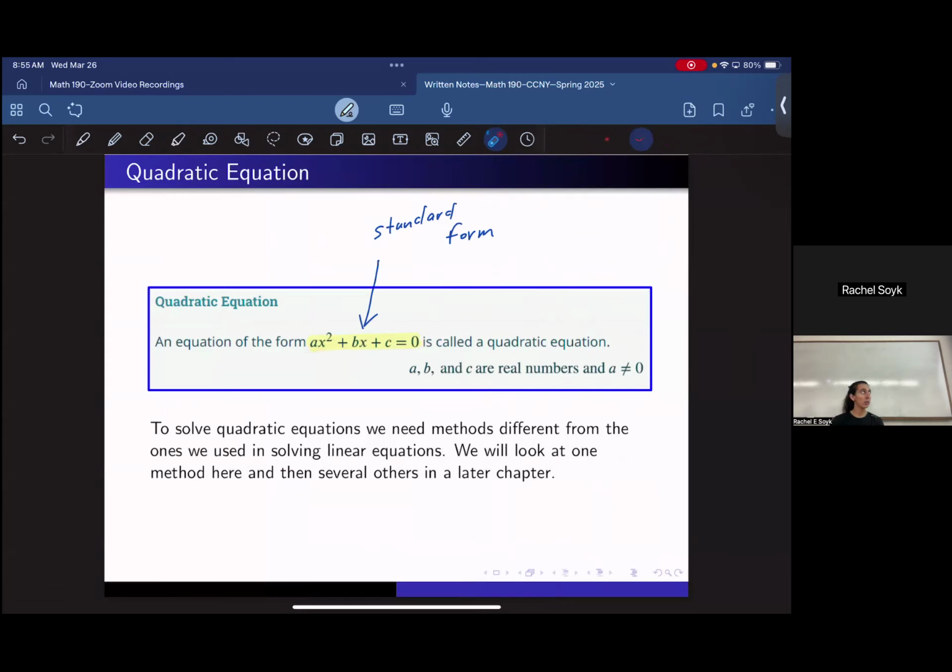Anytime we have an equation that has that highest degree of 2, we're looking at a quadratic equation. And this ax squared plus bx plus c is known as our general form of a quadratic equation, also known as our standard form. We'll learn about vertex form later on throughout this course.